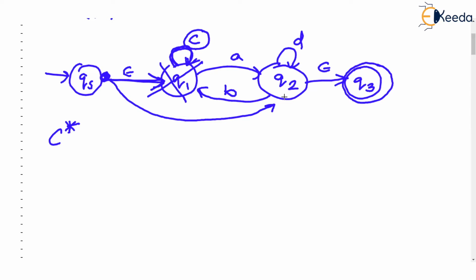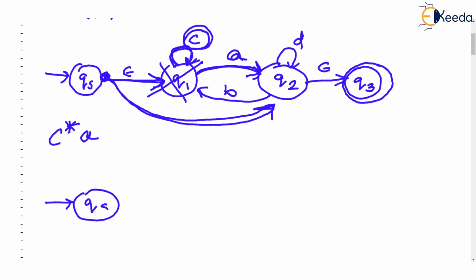And listen, from QS to Q2, you have C star followed by A. This will take you to Q2. What that means is that if you are deleting Q1, then from QS you can go to Q2 in a single hop by using the regular expression C star A.